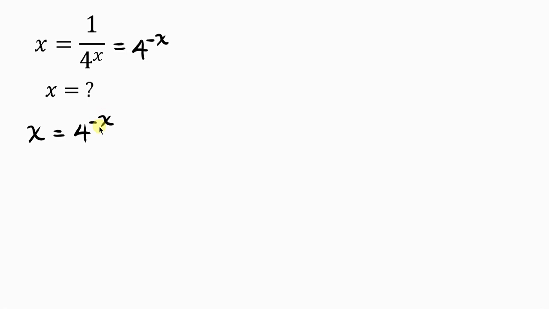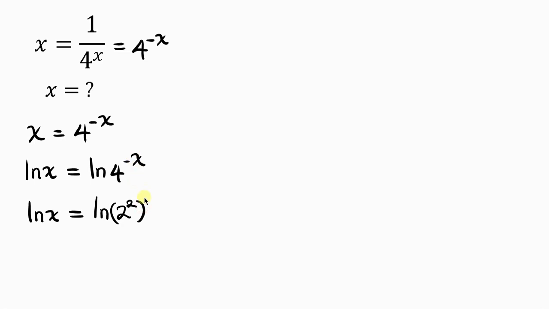Our next step will be for us to take the ln of both sides. So I'll take the ln of the left hand side. I'll also take the ln of the right hand side. Now notice that 4 can be decomposed into 2 squared. So that means I'll have ln of x equal to ln of 2 squared, which is 4, and this is raised to the negative x.